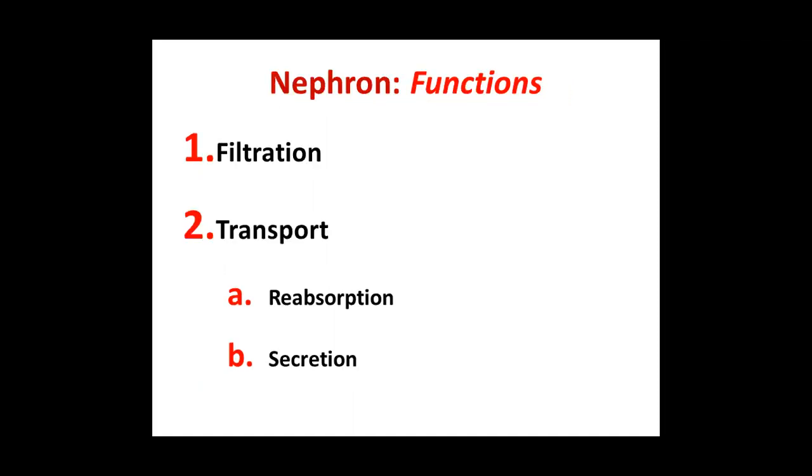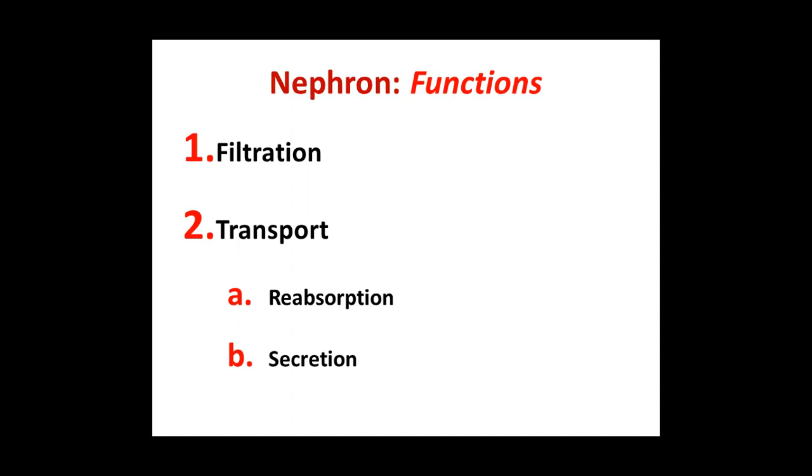So finally, I enlisted during my first class the functions of the nephron. I told you the nephron has two broad categories of functions: one is filtration, another is transport. If transport of the molecule is towards the tubular lumen, it is called secretion.